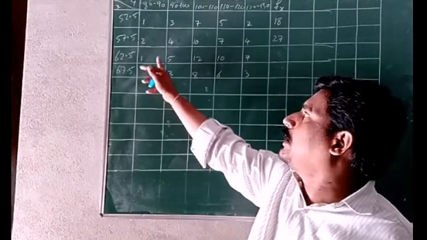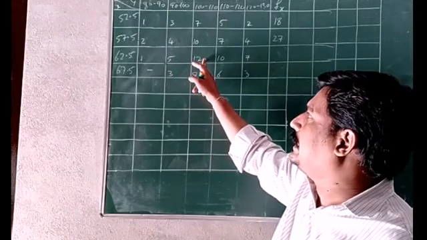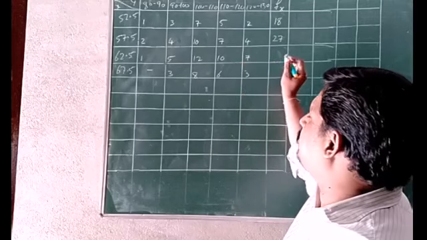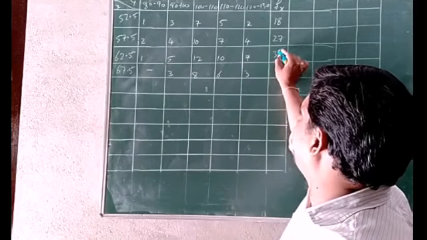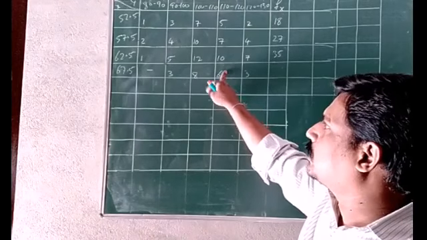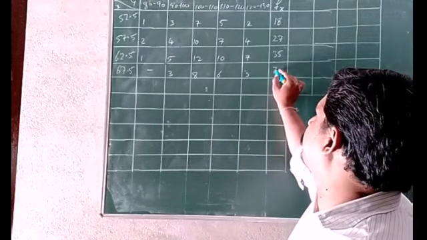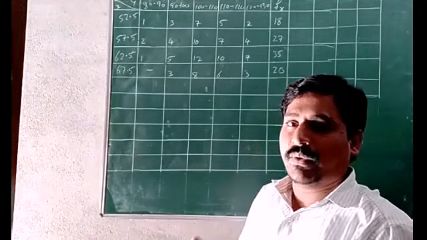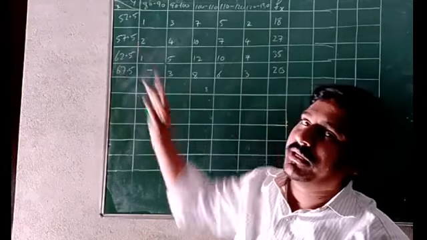Then 1 plus 5, 6, 6 plus 12, 18, 18 plus 10, 28, 28 plus 7, 35. And 3 plus 3, 6, 6 plus 6, 12, 12 plus 8, 20. So here are the frequencies which belong to the x variable.